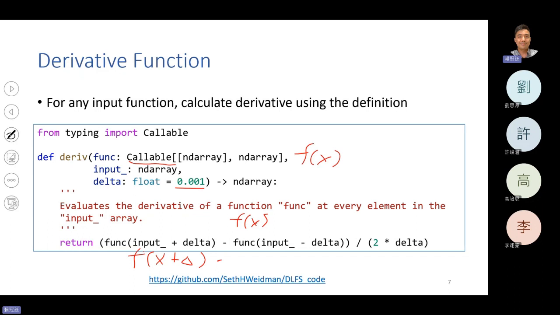So we don't need to calculate using the derivative formula. Minus, okay, I can write the number 0.001, so the delta is 0.001. And then divide by 2 times 0.001. So that's it. That's how we implement the derivative function in a deep learning framework.